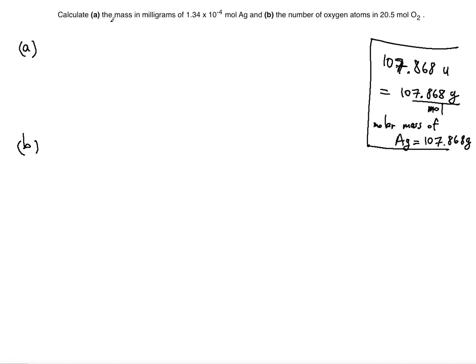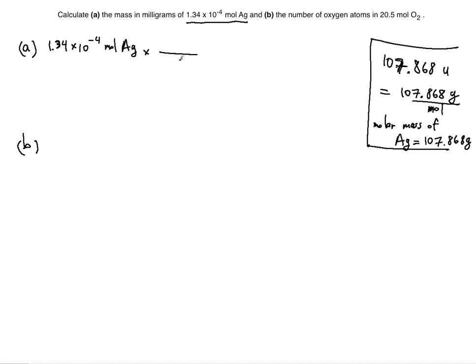Okay, so we need to calculate the mass in milligrams of the given amount in moles of Ag, right? So we take 1.34 times 10 to the negative 4 moles of Ag, and then we need to convert the moles into grams using the periodic table, and I already put it here.